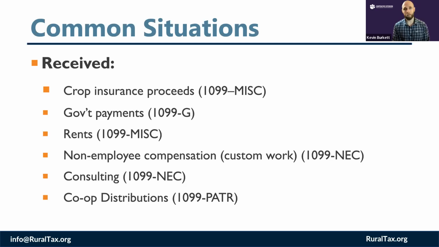If we have done some kind of custom work for someone, that could be we went to spray their field, we helped them harvest, something like that, we'd see a 1099 NEC. Same thing if we did some kind of consulting for them. And then if you participate in a co-op and you receive like a patronage dividend, you would see a 1099 PATR.